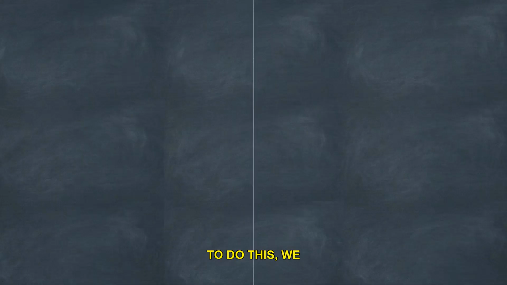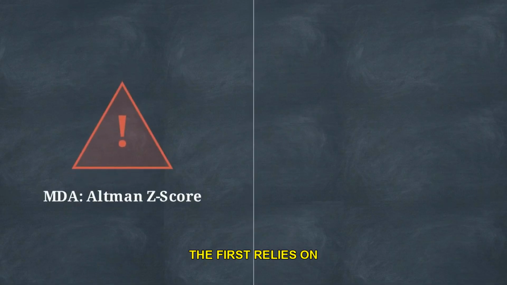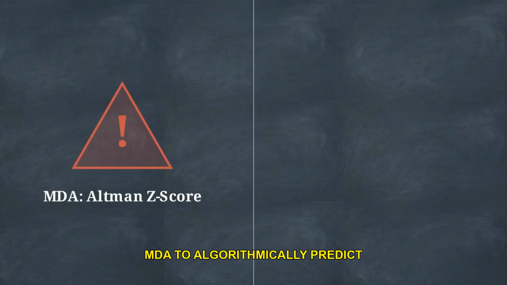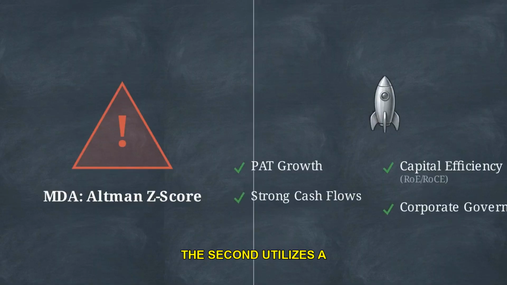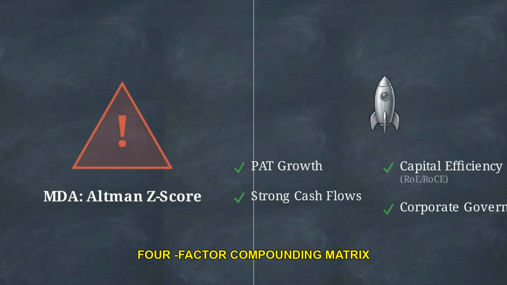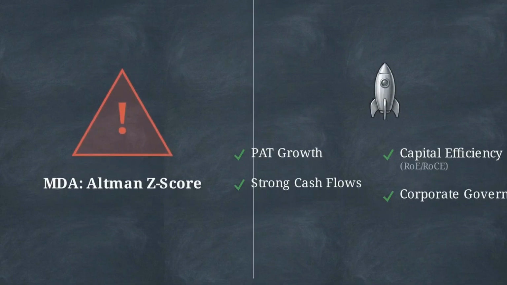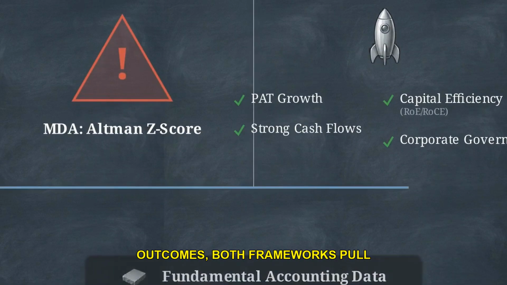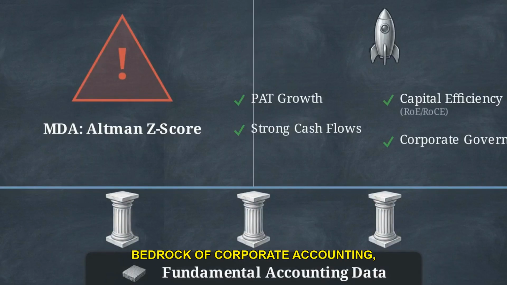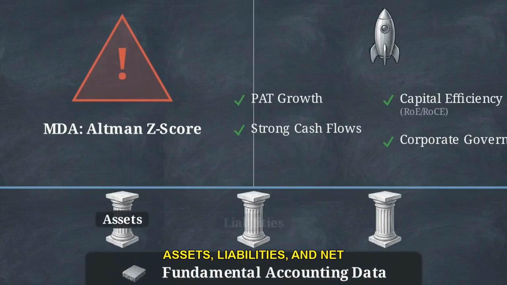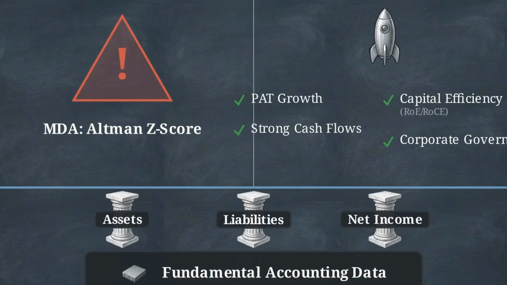To do this, we use two distinct mathematical frameworks. The first relies on multiple discriminant analysis, or MDA, to algorithmically predict corporate failure. The second utilizes a four-factor compounding matrix designed to identify massive upside potential. While they measure opposite outcomes, both frameworks pull from the exact same bedrock of corporate accounting: assets, liabilities, and net income.